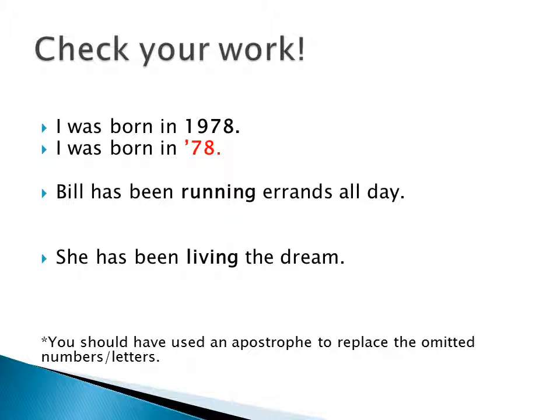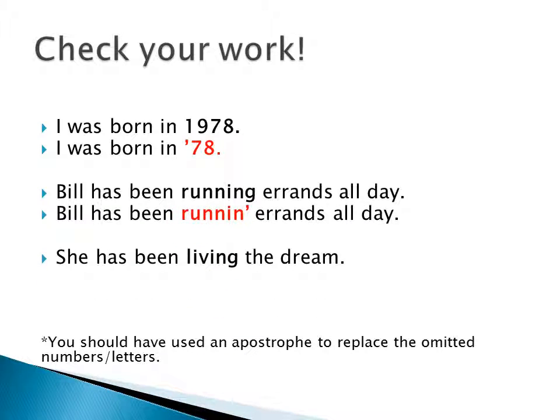To use a shortened version of running, you would change it to runnin', with the apostrophe taking the place of the G. Sentence 3 says, she has been living the dream. To use a shortened version of living, you would use livin'. The apostrophe takes the place of the G. Note that you should always use an apostrophe to replace the omitted numbers or letters.